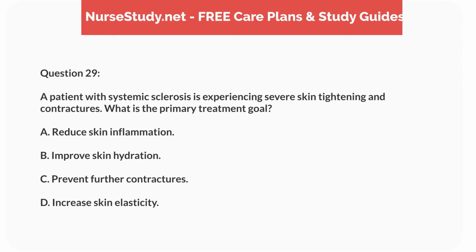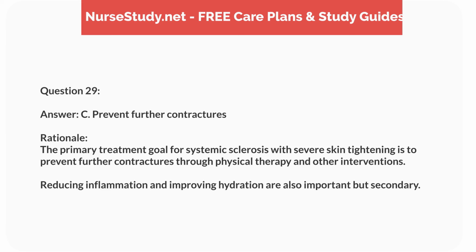D. Increase skin elasticity. Answer: C. Prevent further contractures. Rationale: the primary treatment goal for systemic sclerosis with severe skin tightening is to prevent further contractures through physical therapy and other interventions. Reducing inflammation and improving hydration are also important but secondary.